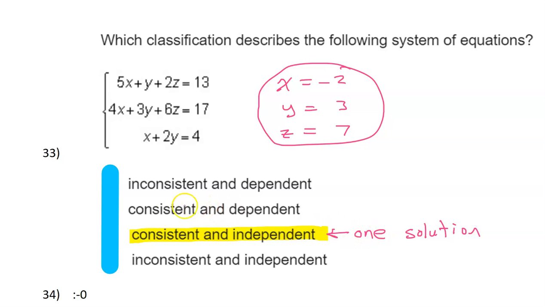All right, inconsistent means no solution. So if it's going to be inconsistent, that's only going to happen when there's no solution.